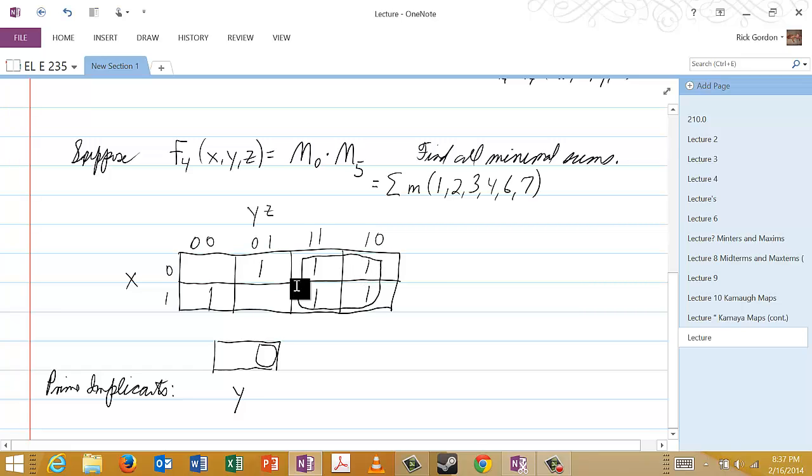However, there are some groupings of 2 one cells that are not entirely contained within this prime implicant, and one of those would be this grouping here. Notice, however, as I told you before, I like to look for the difficult ones first, and if you look hard, you'll see that there is another grouping of 2 one cells. There's this one and this one, because remember, again, the right edge of the Karnaugh map is connected to the left edge.